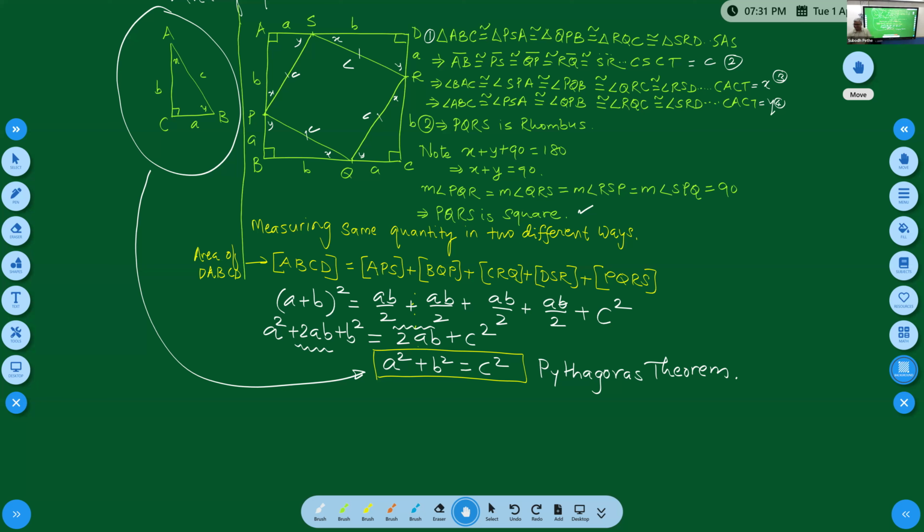Every new mathematician who comes wants to prove it differently. So there are more than 300 different proofs of the Pythagoras theorem. And all the greats, including Euclid, who is supposed to have systematized geometry 2000 years before, even he has his own proof of the Pythagoras theorem.